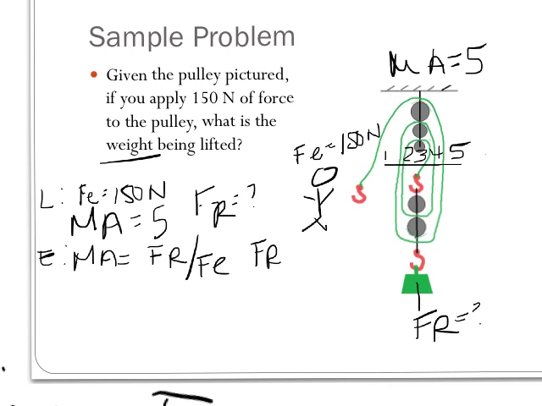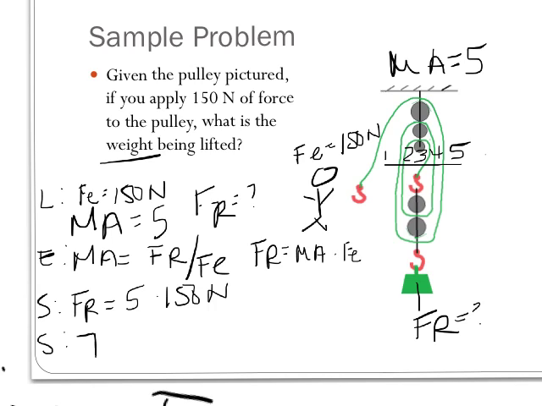So FR equals MA times FE. We plug that in: FR equals 5 times 150 newtons, and that ends up giving you 750. Since you're solving for a force, your units are newtons.